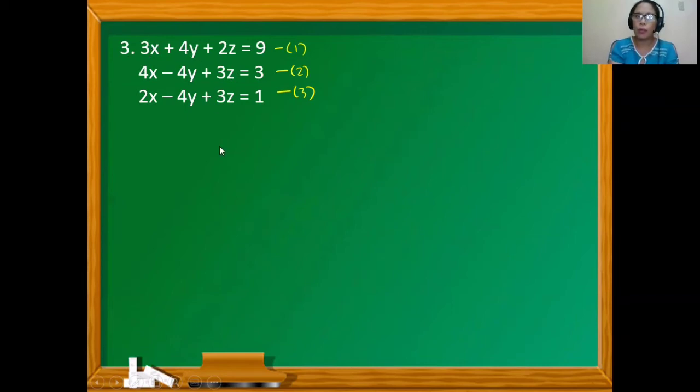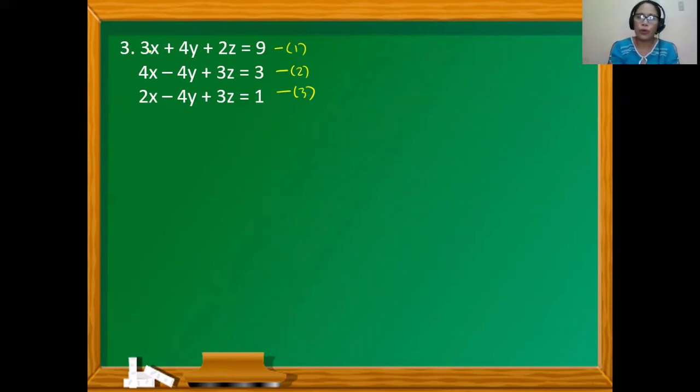So we will come up with either the same coefficient of the variable that we are trying to eliminate, or at least additive inverses. So it's either of the two. If it does not satisfy either condition, then that's the time that we're going to rename the equation.